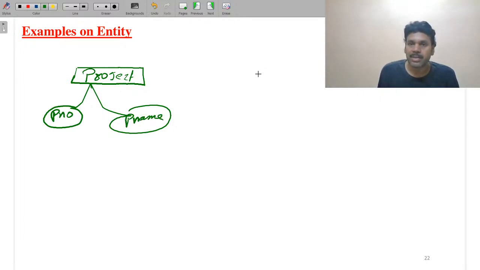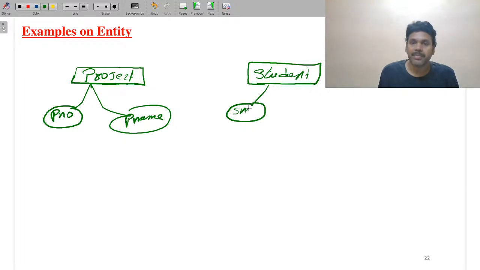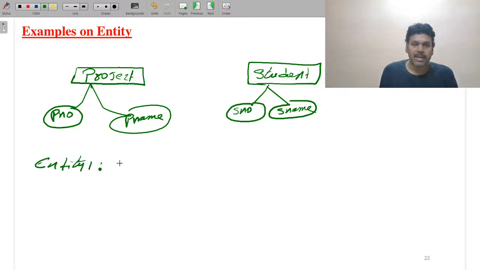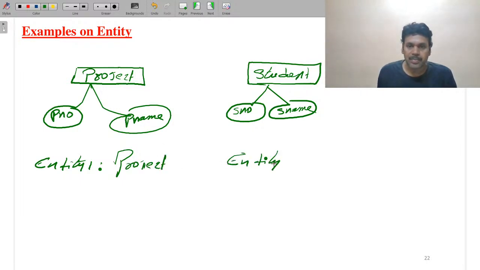This is the student entity. Now we have student number and student name. So there are two different entities. Your entity 1 is project, your entity 2 is student.